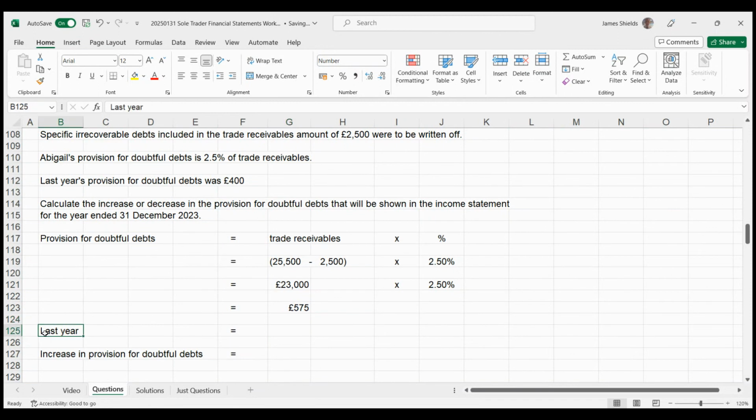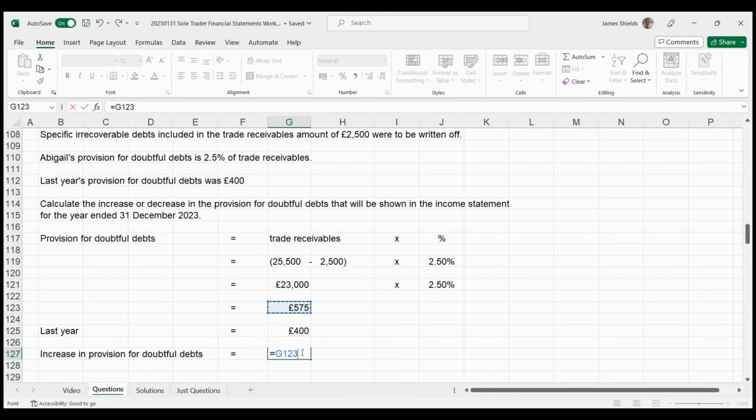Now, the last year we were told the provision was £400. So let's just put it in there for the moment. So that's £400. So that means the provision this year of £575 has gone up from the provision for last year. There's been an increase in provision for doubtful debts. And the increase is going to be the £575, take away the £400. There's been an increase of £175. Now that amount will go in your expenses section in your income statement.